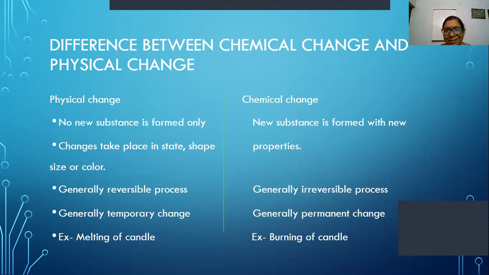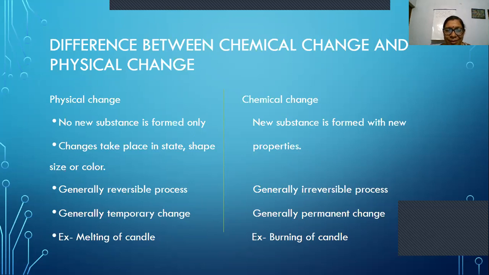New substance is formed in chemical change with new properties. Physical change is generally reversible, chemical change is generally an irreversible process. Physical change is generally temporary, chemical change is generally permanent.